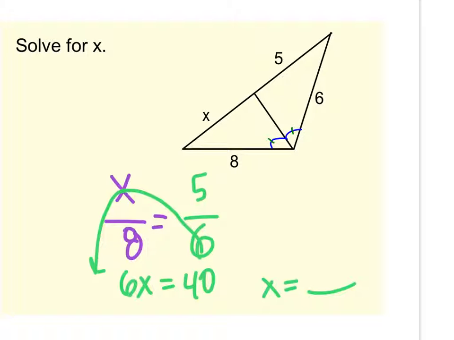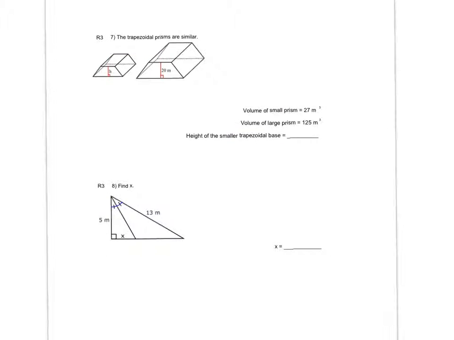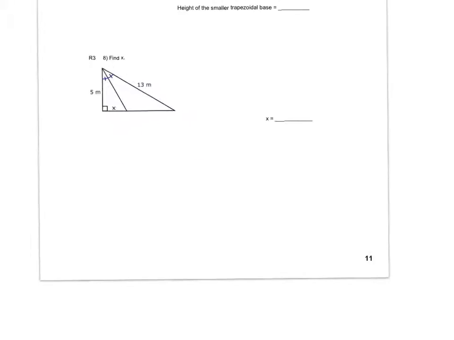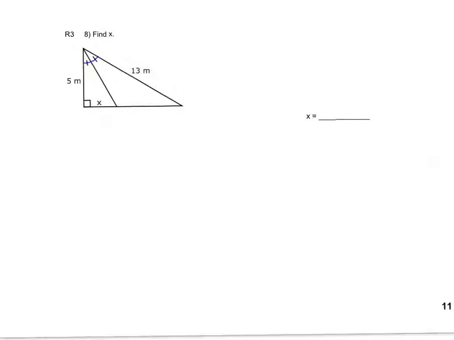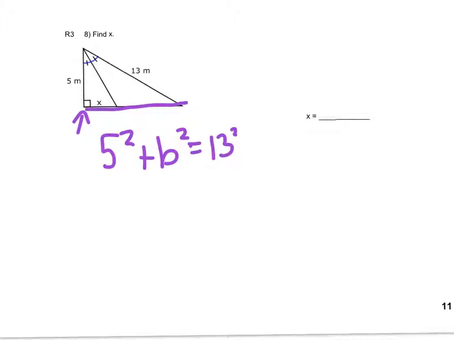Now, this problem is similar. So now when we look at number 8, we know that we have to find some part of that third side to be able to solve for x. One thing I do know is that if this is a right triangle, I can take 5 squared plus b squared equals 13 squared, and that would give me that entire side here.